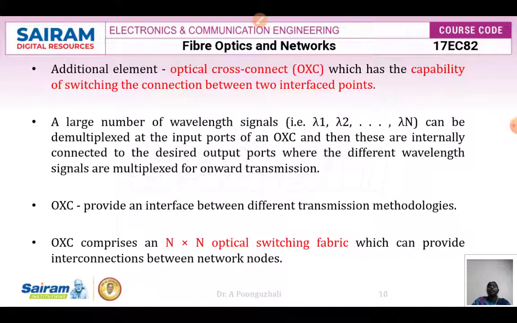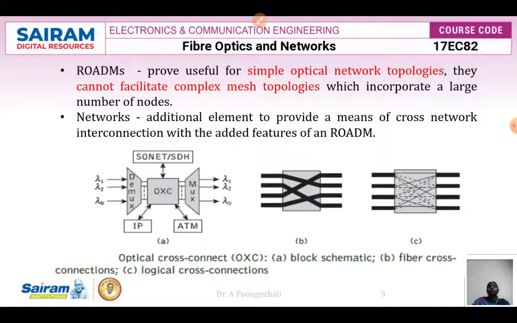The additional element which you are going to use is nothing but the optical cross connect, which has the capability of switching the connection between two interface points. We have a large number of wavelength signals, lambda 1 to lambda n, which are demultiplexed at the input ports of the optical cross connect, and these are then internally connected to the desired output ports.